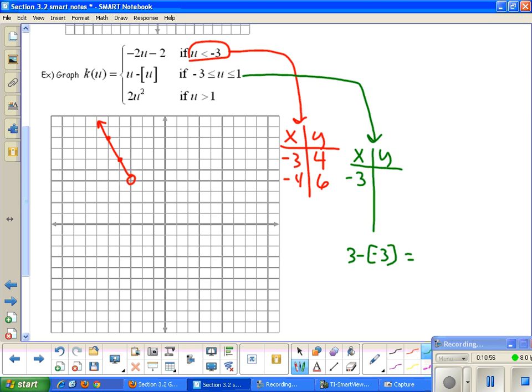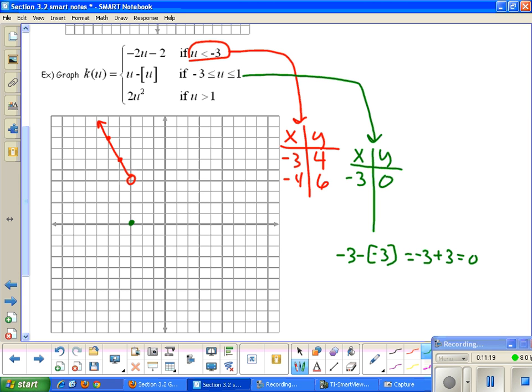So negative 3 minus negative 3 would be negative 3 plus 3, which is 0. So I have negative 3, 0, and it is a closed circle because we can be equal to.